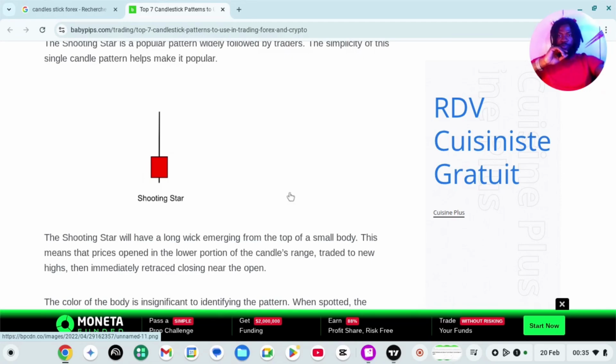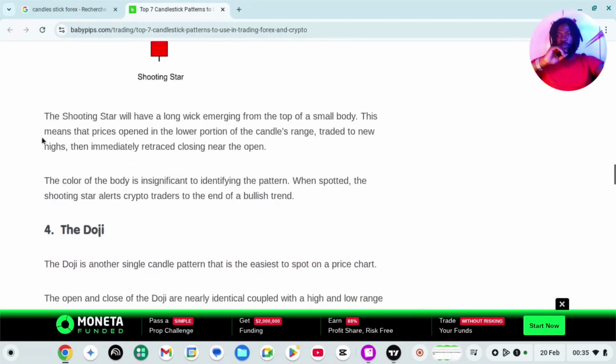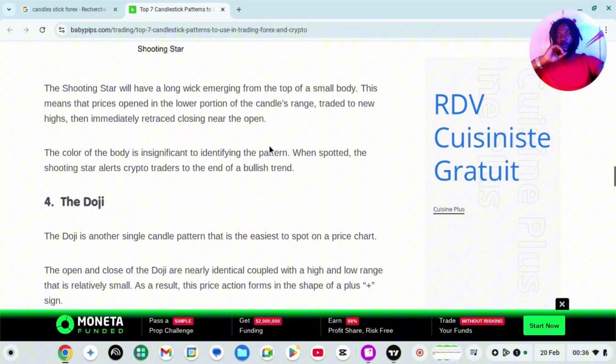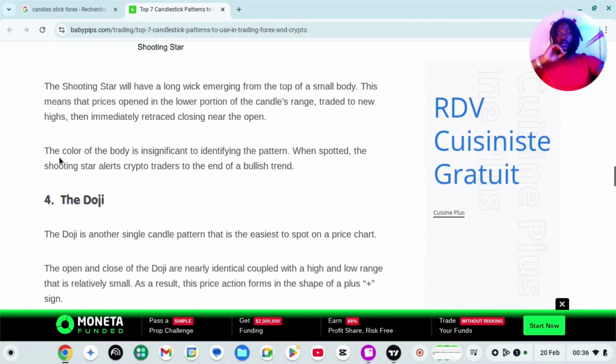Okay, now let's continue reading. The shooting star will have a long wick emerging from the top of a smaller body. This means that price opening in the lower position of the candle's range traded to a new high, then immediately retraced, closing near the open. The color of the body is insignificant to identifying the pattern.